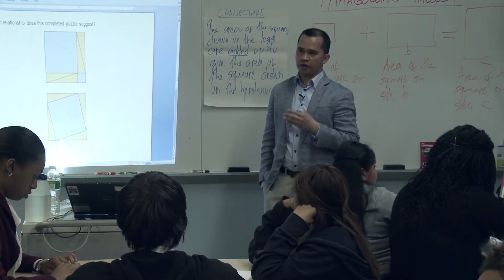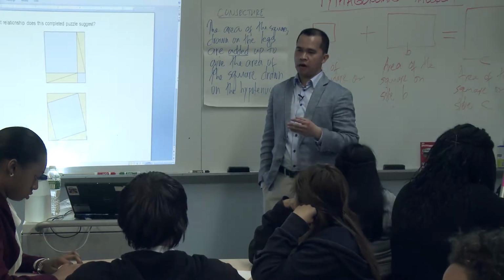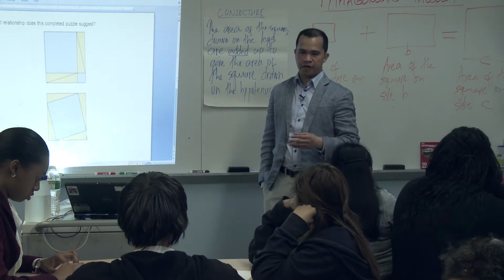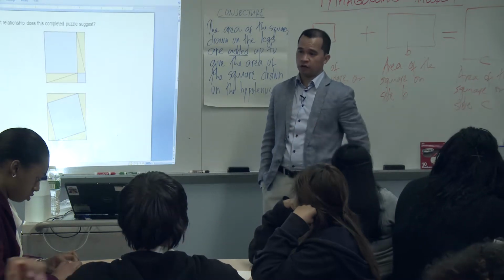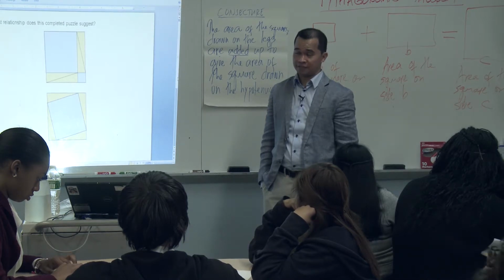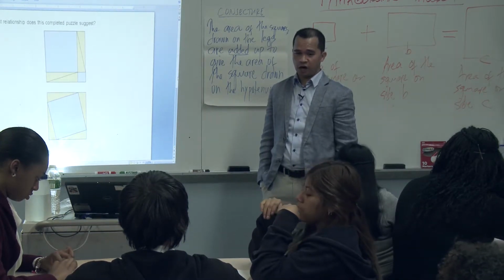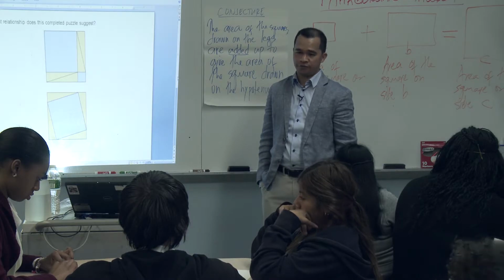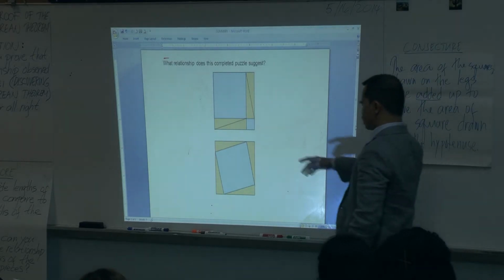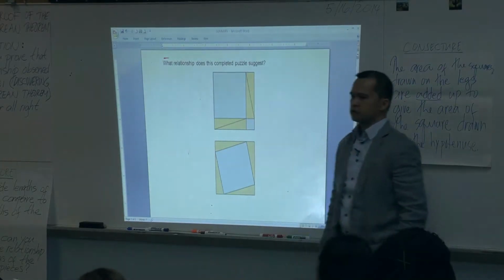I need you to think about the statements that your classmates will share in a moment. I need you to process it, and please do not hesitate to clarify. Ask your classmate to explain his or her idea about the relationship among the areas of these squares.